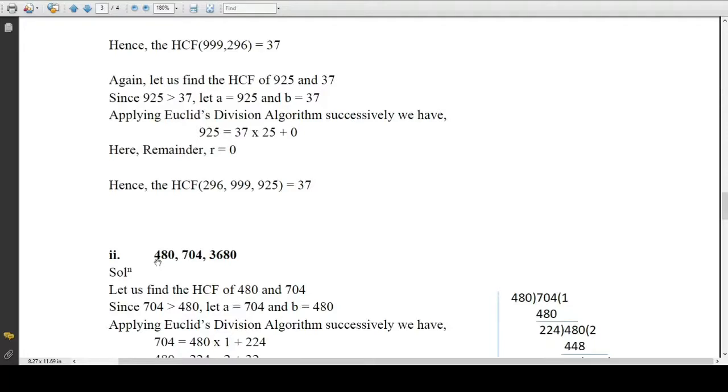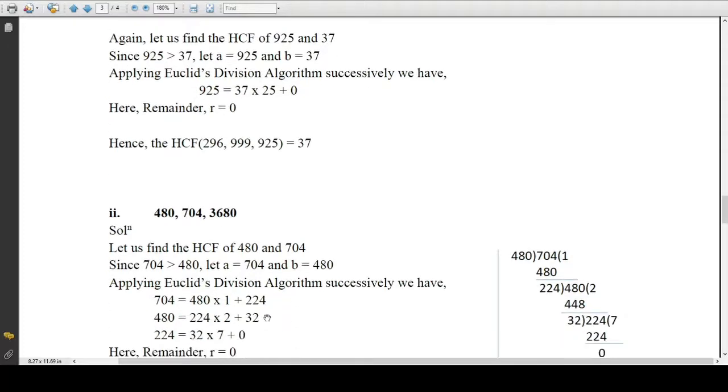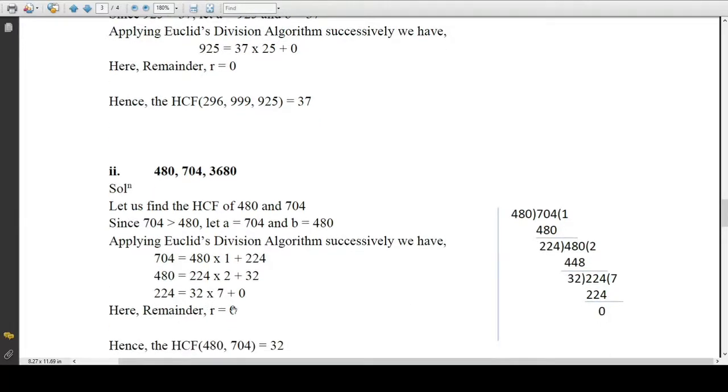You find the HCF of 480 and 704. When you divide 704 by 480, you will go with 1, leaving remainder 224. Again 480 divided by 224, you will go with 2, leaving you remainder 32. Again you do the division, 224 divided by 32, you will go with 7, giving you remainder 0. Hence the HCF of the first two numbers is 32.